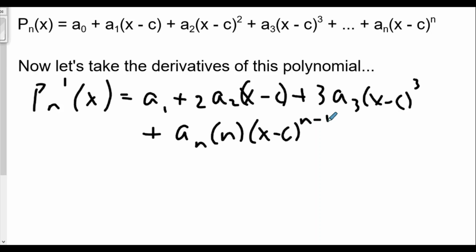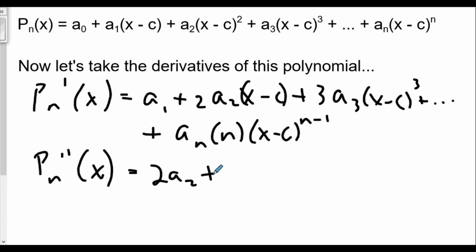Okay, and now P_n double prime is equal to, take the derivative of this one here, plus dot dot dot, of course. So in this situation, a_1 drops out as a constant, so 2a_2 times the derivative of x minus c, which is just 1, so we have 2a_2 plus, here this should be squared, not cubed.